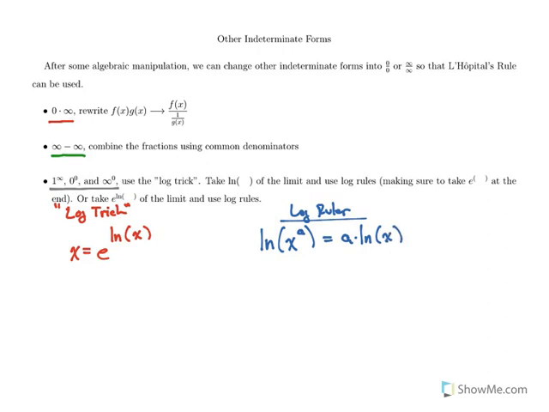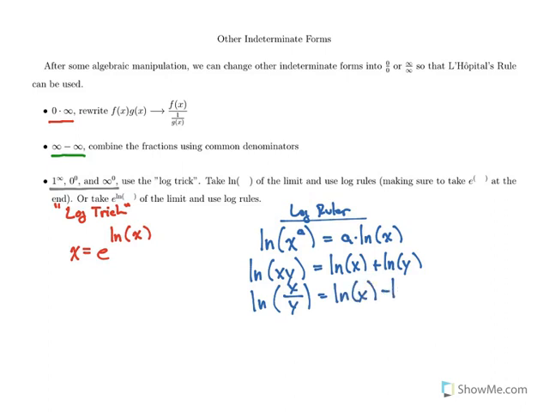Exponentiation becomes multiplication. Also, if you have 2 things multiplied inside of a log, you can write that as addition. And division becomes subtraction. So we're going to use these log rules after we do the log trick to take care of these limits, and we'll see an example of that.